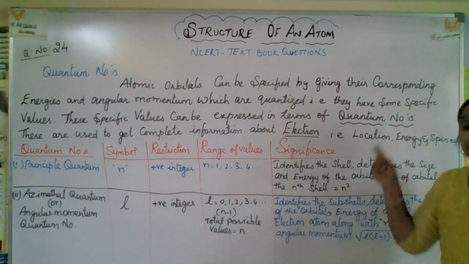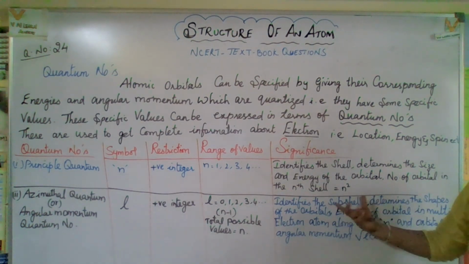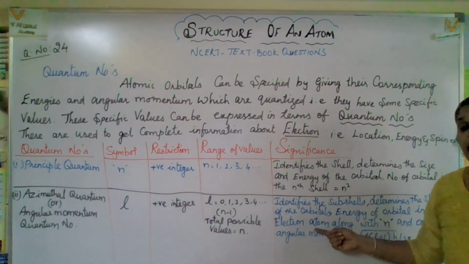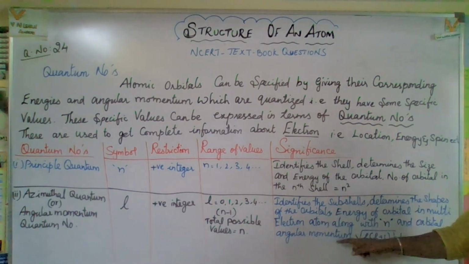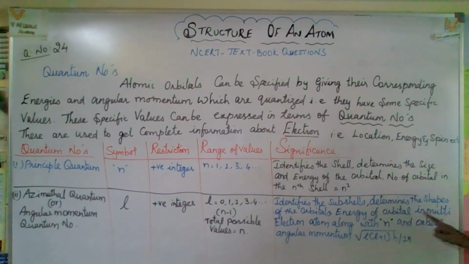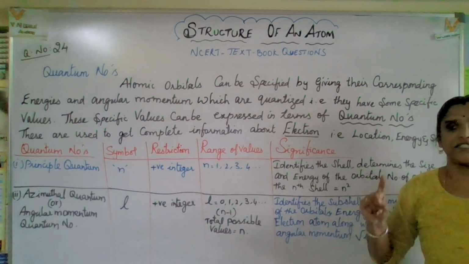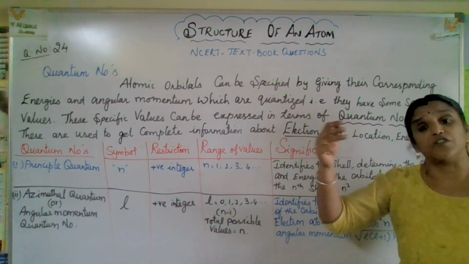It also determines the energy of the orbital in a multi-electron atom, along with n, and the orbital angular momentum is root of L into L plus 1 times h by 2 pi. So h by 2 pi is the angular momentum for the first shell, 2h by 2 pi for the second shell, and 3h by 2 pi for the third shell.